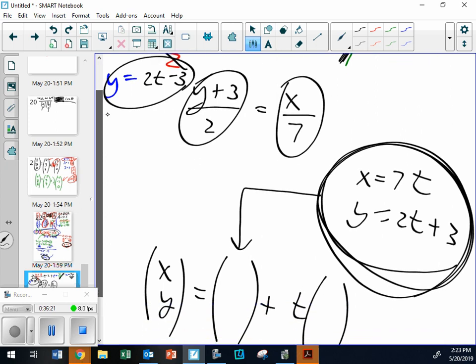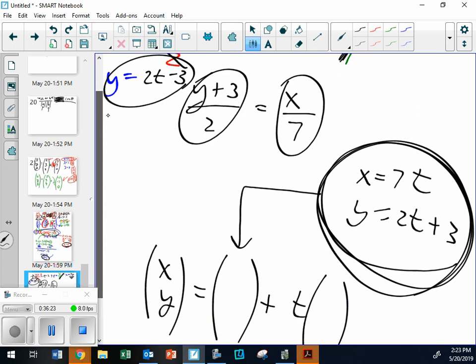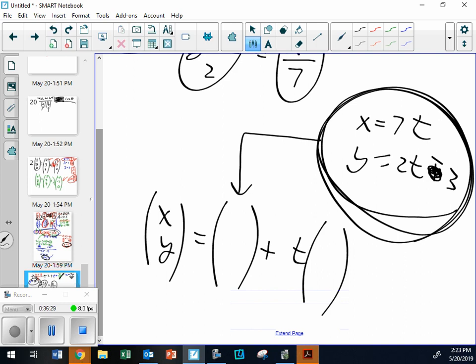That is supposed to be a minus 3. Very good. Good catch. Okay, final answer. 7t, and then could I say plus 0? Yep. And y equals 2t and a negative 3, 2 for the t and a negative 3. There we go. Vector form.